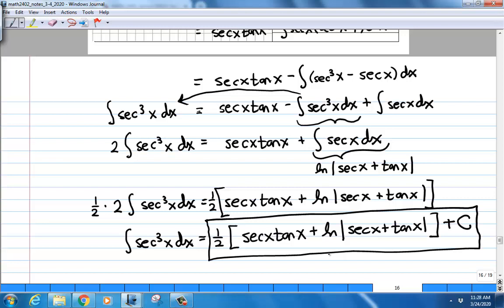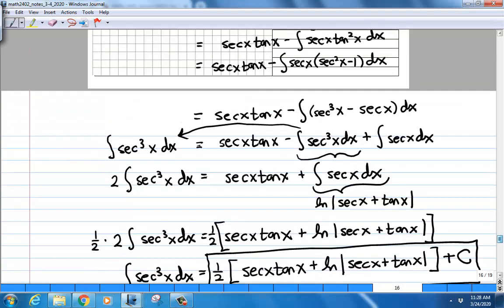This technique that we just learned is called recursive integration by parts, because notice that in applying the integration by parts formula, the original antiderivative that you were looking for recurred in the problem. We were trying to find the antiderivative of secant cubed of x, and in the process of using integration by parts, that secant cubed x appeared again.